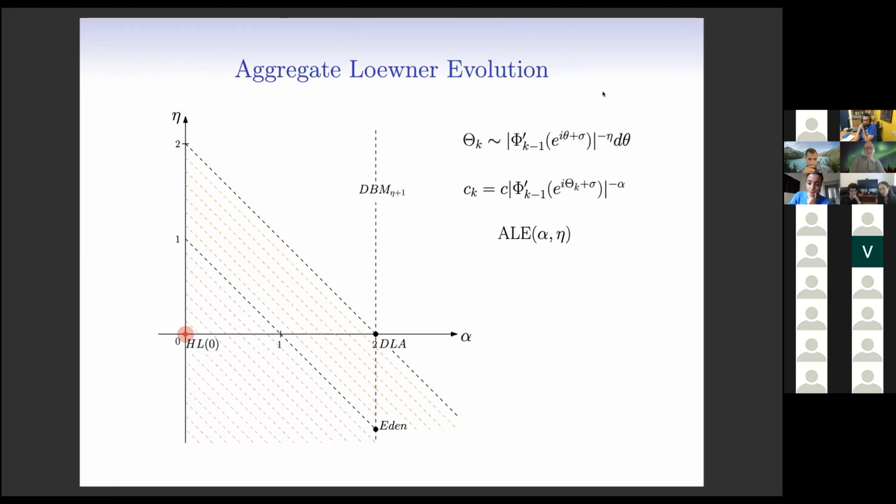And then it's a result of Alan Sola, Amanda Turner, and Fredrik Viklund that you get a singular behavior. So if you start with a slit, then your large clusters will just converge to a larger slit. You will grow a single slit of the right capacity, and it will be randomly oriented just because the first slit is randomly oriented. And that depends on the slit because their sigma is small, so you're looking at the particle very closely, and you need the singularity of the derivative of the slit map. Whereas here we're looking at the particles from sufficiently far away, so we don't see the particle shape.